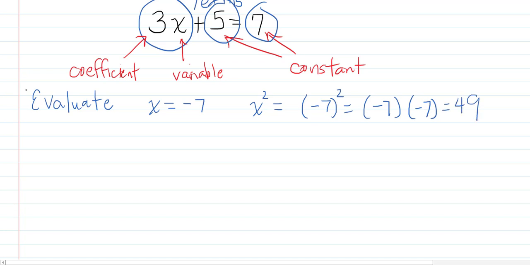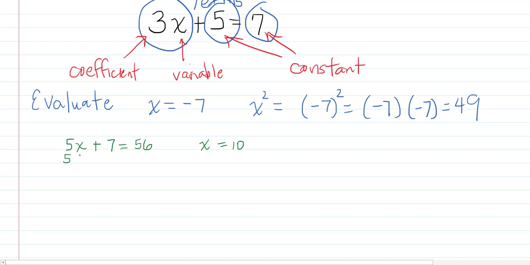Then you might be given something where they say determine if a particular value is a solution to an equation. So let's say we have 5x plus 7 equals 56. And we want to know, is x equal 10 a solution to this equation?